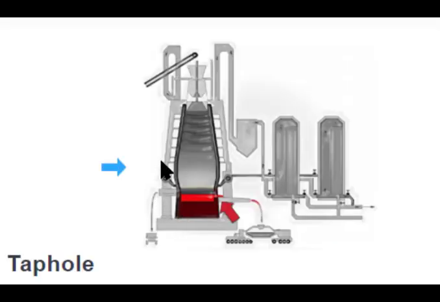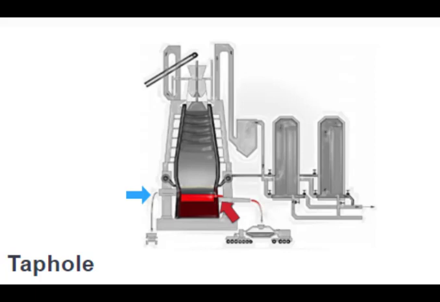The tap hole will be here. Sorry, it's going to be here. The tap hole, through which the molten metal is tapped, is the iron notch. A hole is drilled through the refractory clay plug, allowing liquid iron and slag to flow down through a skimmer opening, separating the iron and slag.